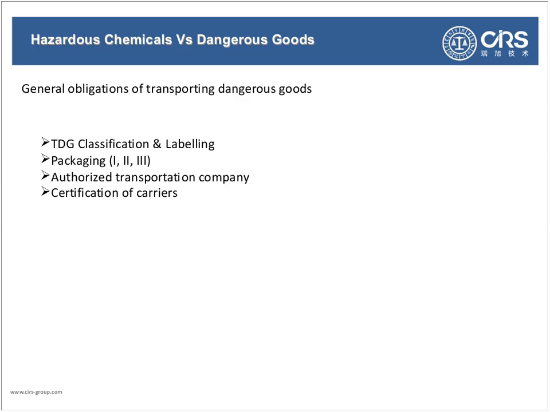And the designated people who are responsible for transporting your chemicals in the transportation company should also have specific training, and they need to get the certification before they do such work. So basically, I would suggest that if you would like to entrust a transportation company to make transportation for you, you need to check the certification both for the company and for the carriers.